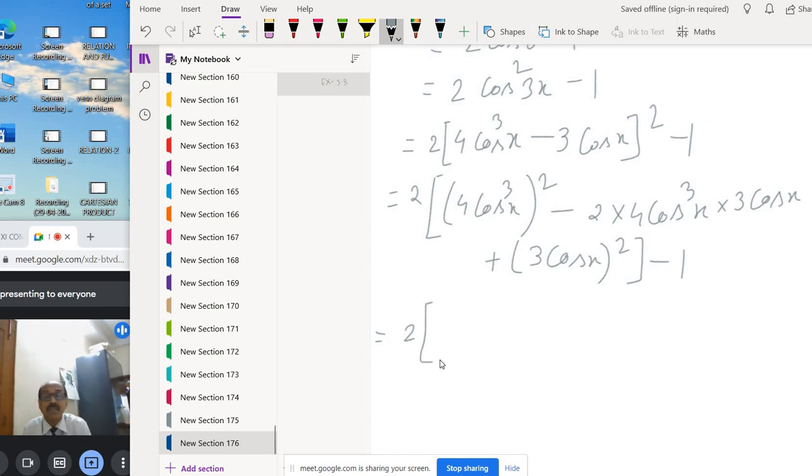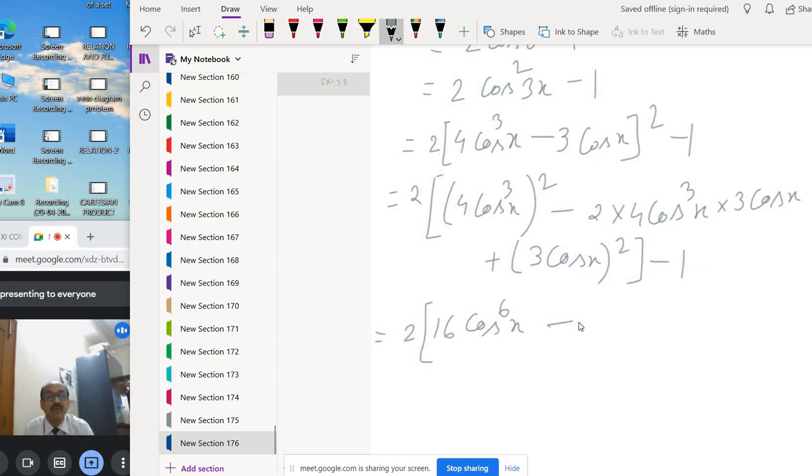4 square is 16 and cos cube whole square is cos to the power 6x. So 16 cos to the power 6x minus 2ab: 2 into 4 is 8, 8 into 3 is 24.